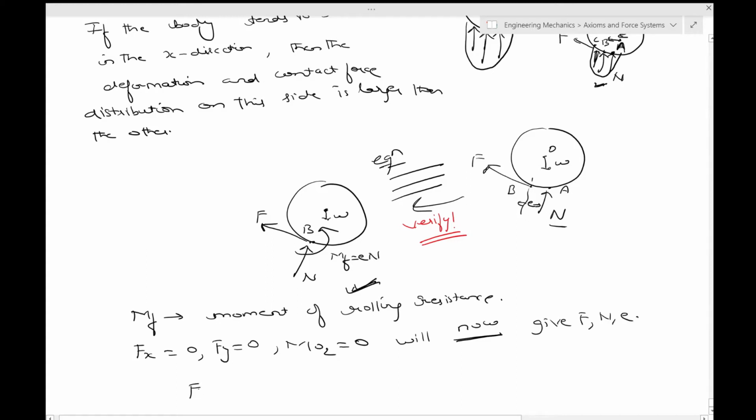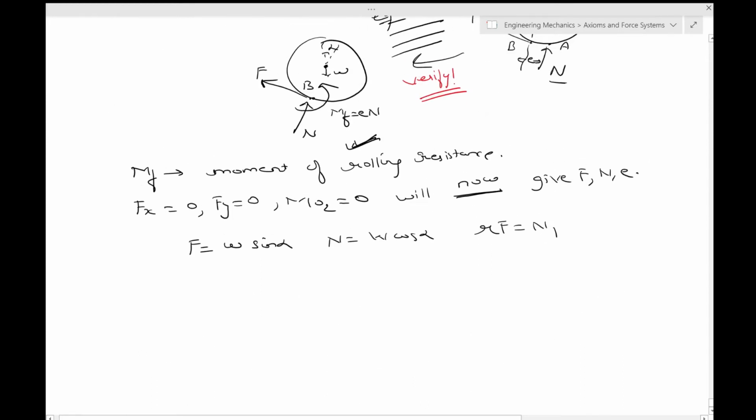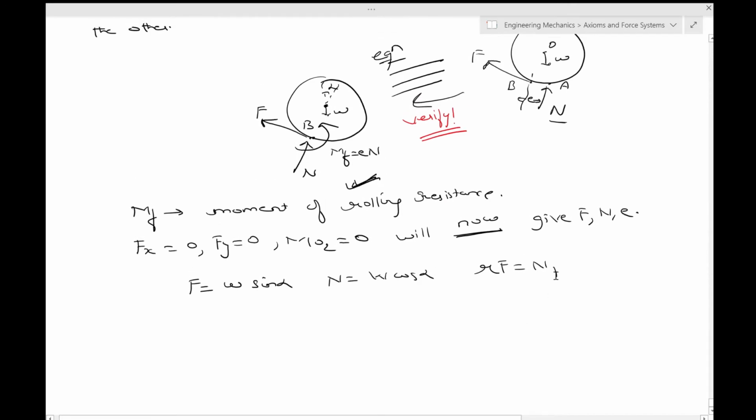So F will be equal to W sine alpha, just to tell you that this angle is alpha. N is equal to W cos alpha, and RF is equal to EN, sorry, equal to MF.